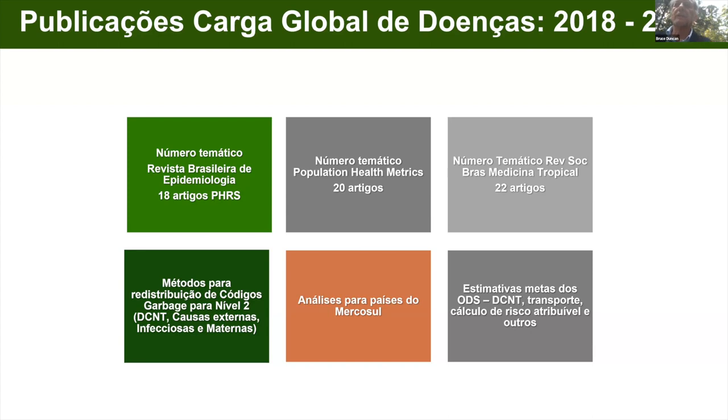But the network does a lot of things above and beyond that. It's involved in advising the Institute of Health Metrics, the home of the GBD, of data that exists and is not currently incorporated, in validating the metrics that are produced, and in stimulating publications, not just within the network, but that stimulates Brazilians to participate in the international publications also.